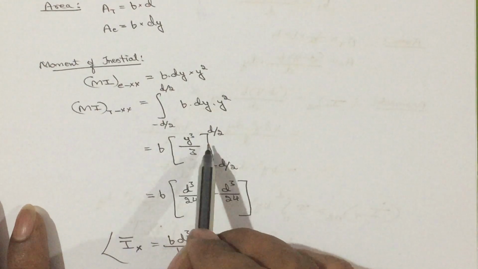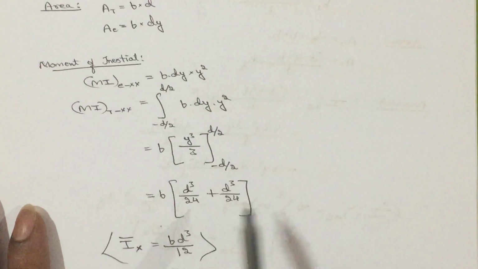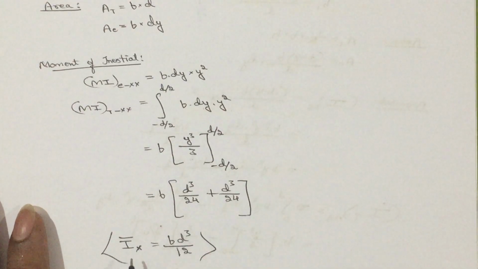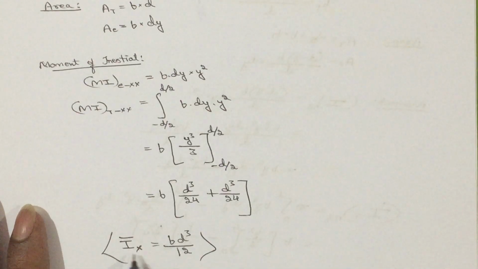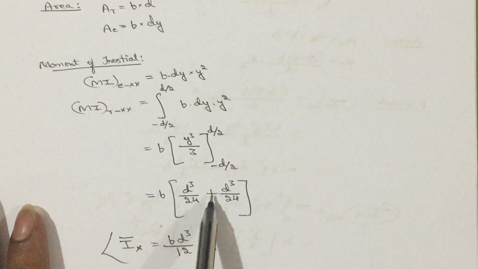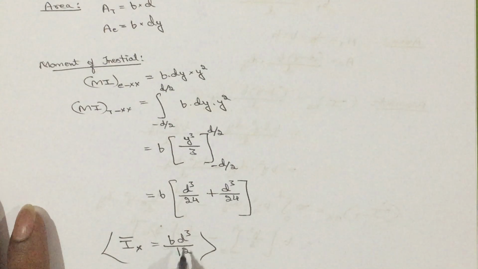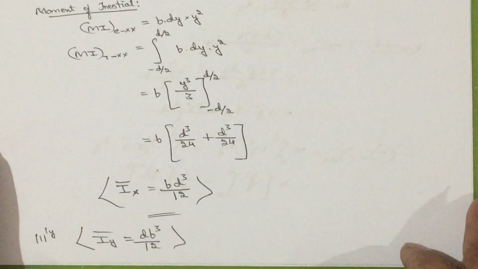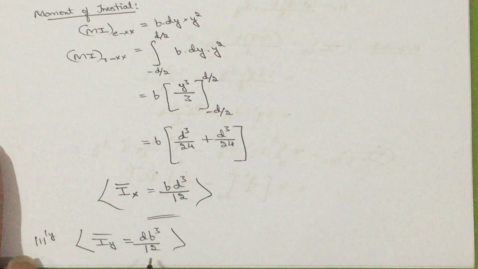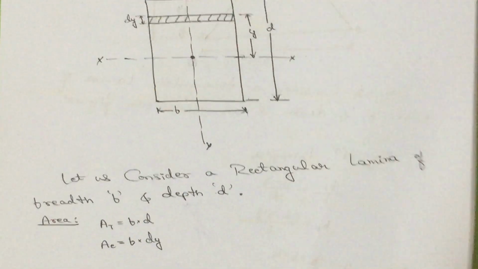First apply the upper limit minus the lower limit. You are going to get the moment of inertia of the total area with respect to the xx axis, we call that Ix bar. From this calculation, we get b d cube by 12. Similarly, you can get Iy bar is equal to d b cube by 12. This is regarding the rectangle.